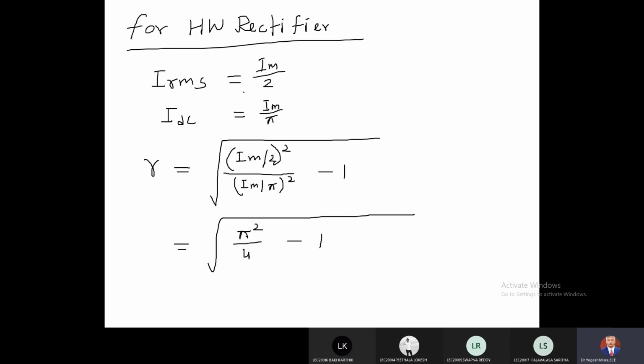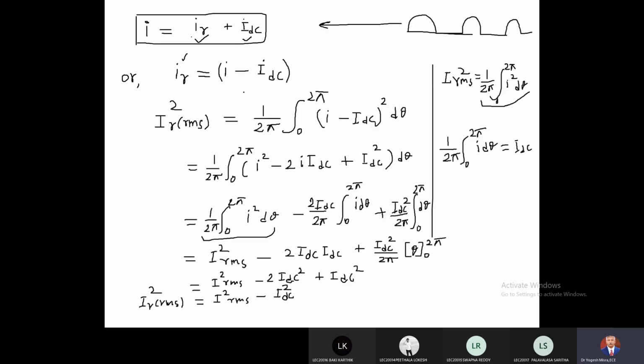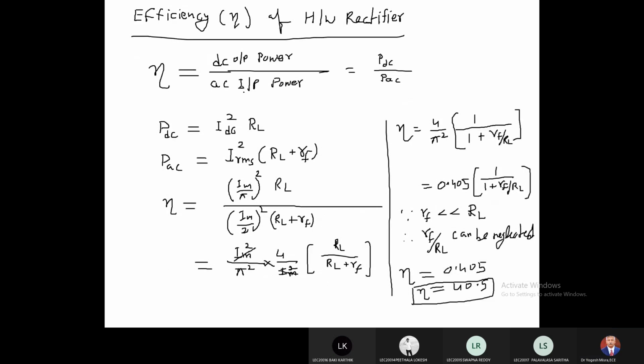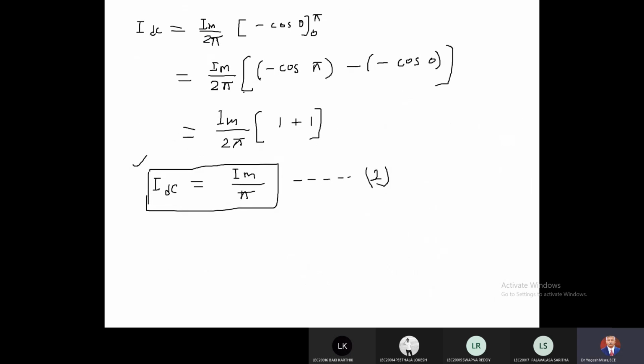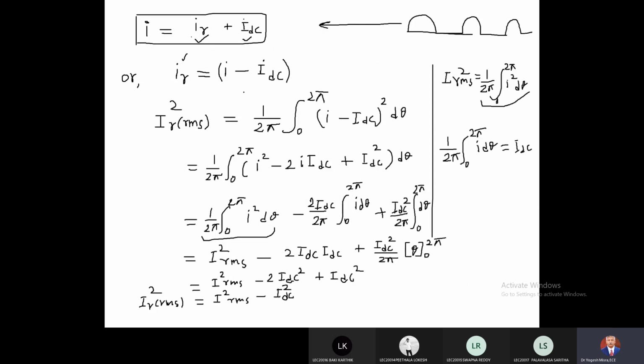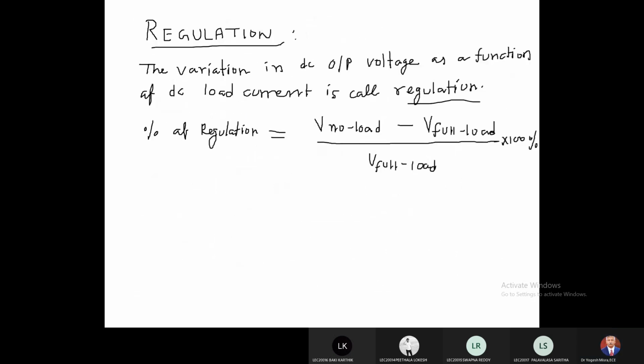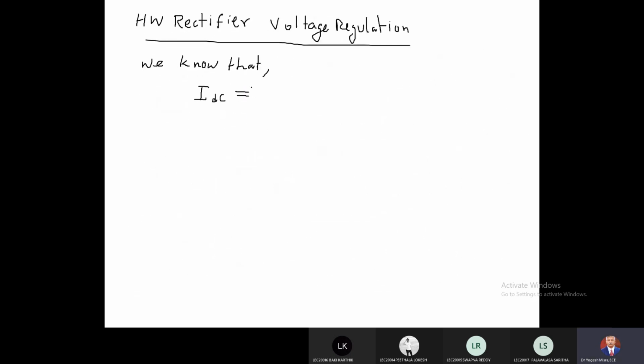Already we have calculated, if you remember, IDC is Im by pi, equation number 2.